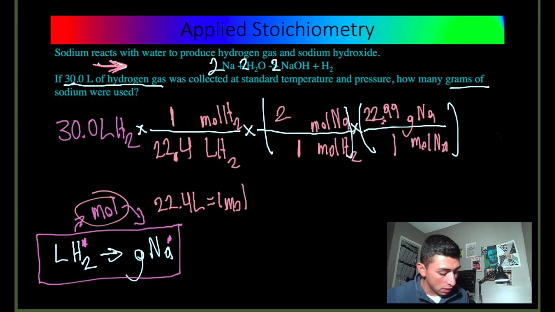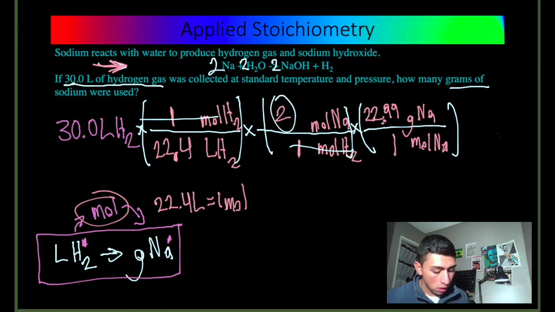So go ahead and plug this into your calculators. The way that I would do it is 30, ignore this 1, divided by 22.4, ignore this 1. Get your answer for that division problem. Go ahead and multiply that by 2, once again ignoring this 1. Get your answer from that, and multiply that by 22.99.